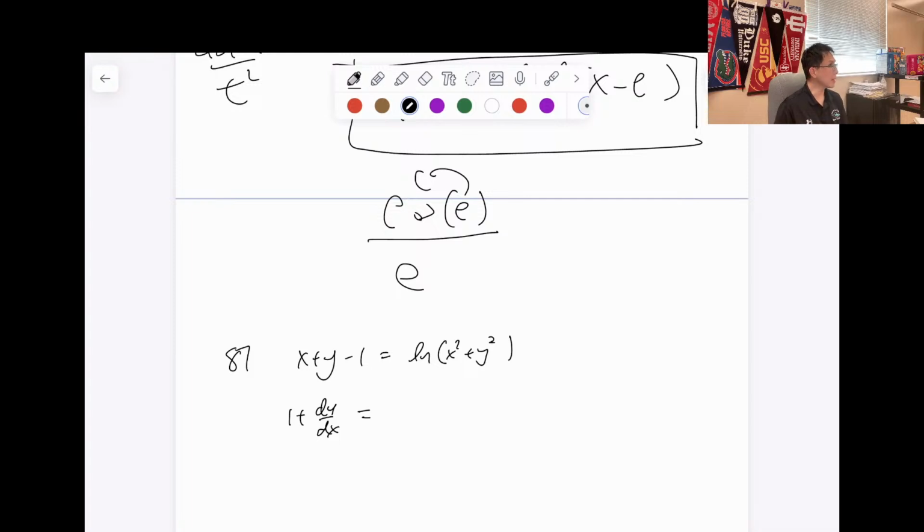Okay, so this is a more difficult question. Do they give you a coordinate? 1 comma 0? Okay, so this is x squared plus y squared, right? This is 2x plus 2y dy/dx.